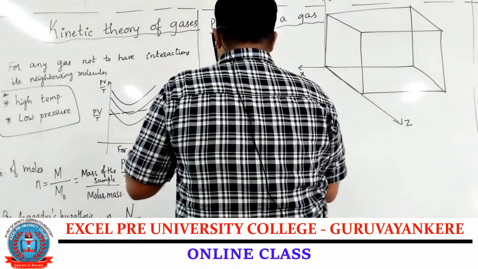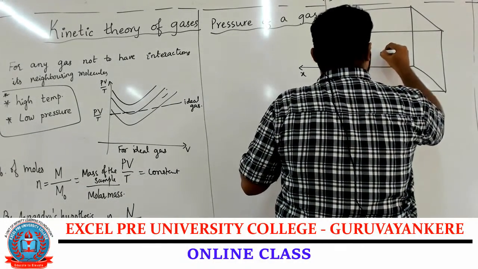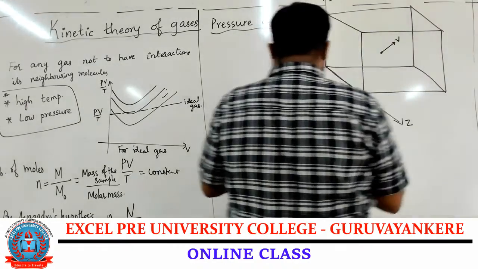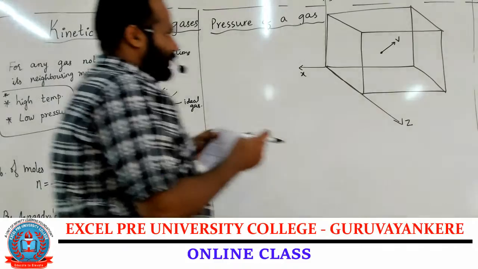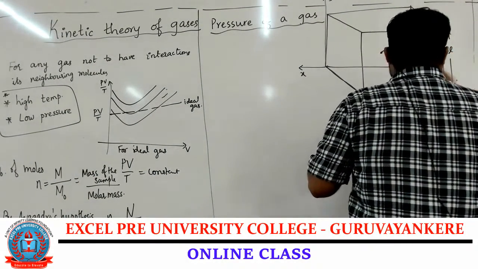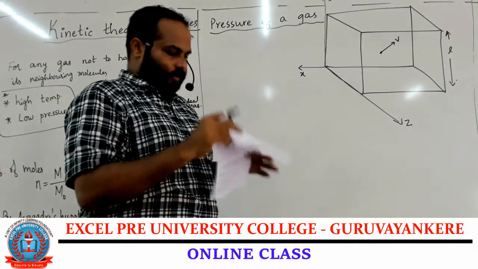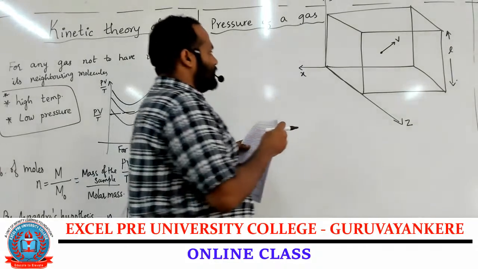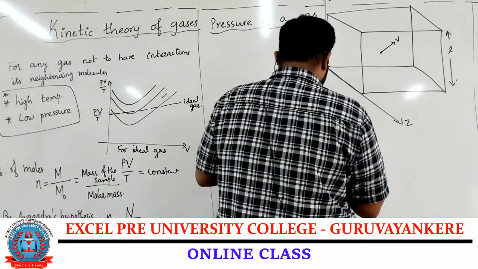If there is a molecule moving with velocity v like this, and each side of this cube is L, it goes and hits the container. Is that clear?